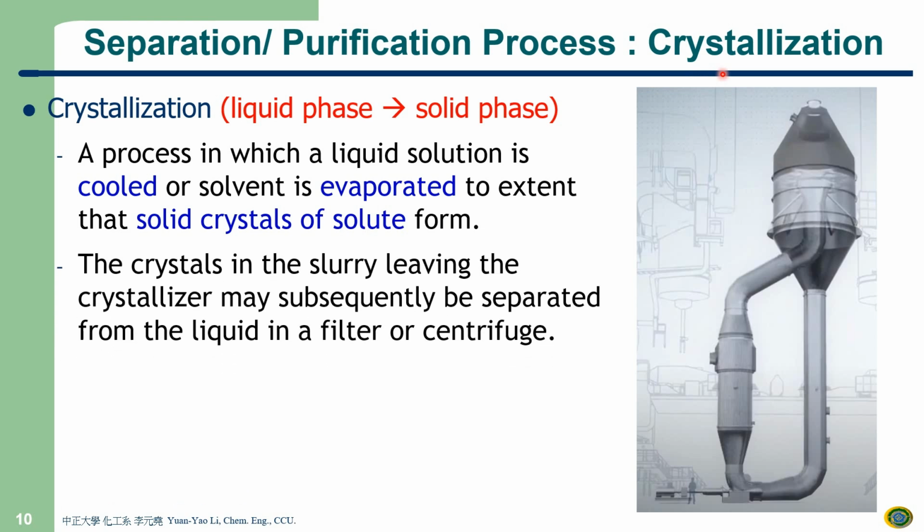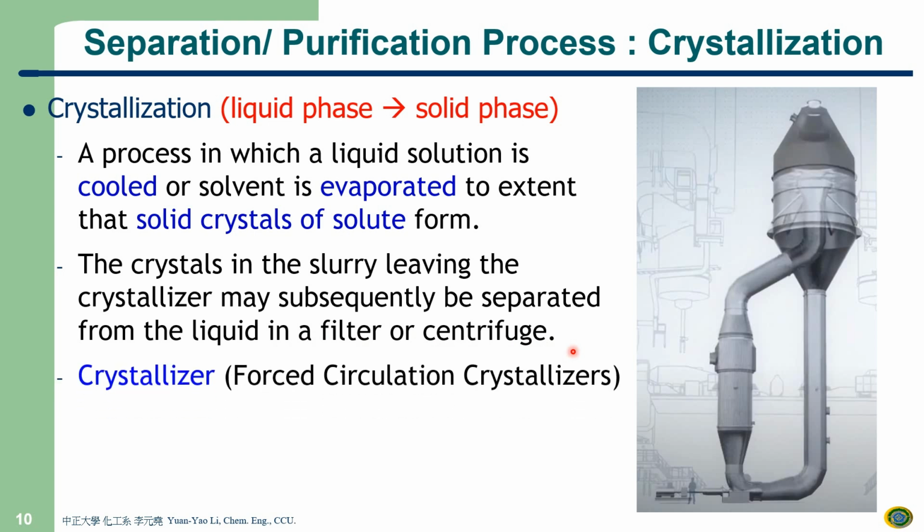Okay? So the crystal in this slurry leaving the crystallizer may subsequently be separated from the liquid in a filter or centrifuge. Centrifuge is 离心, right? 离心机. Okay, crystallizer, remember I showed you a crystallizer in chapter 4.